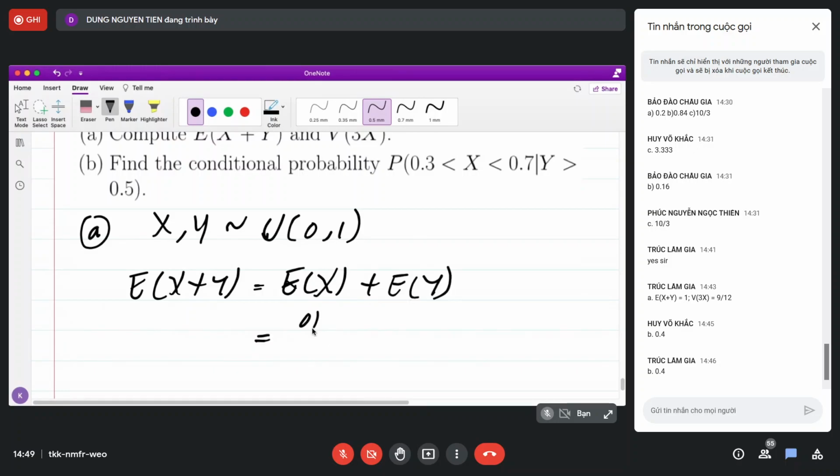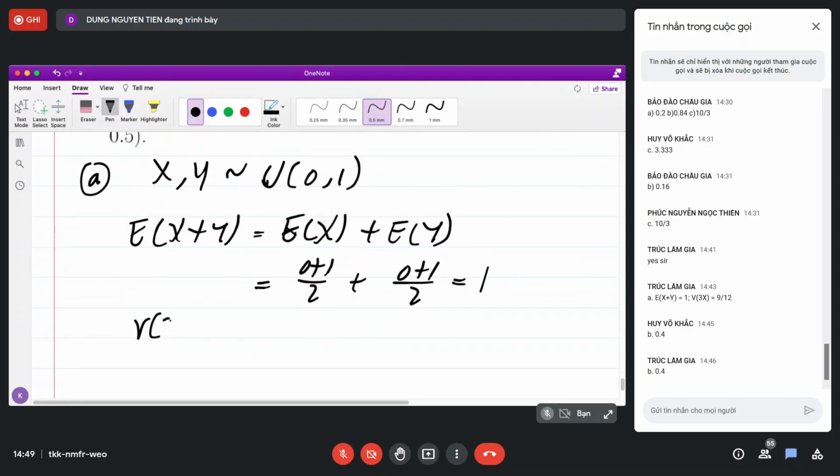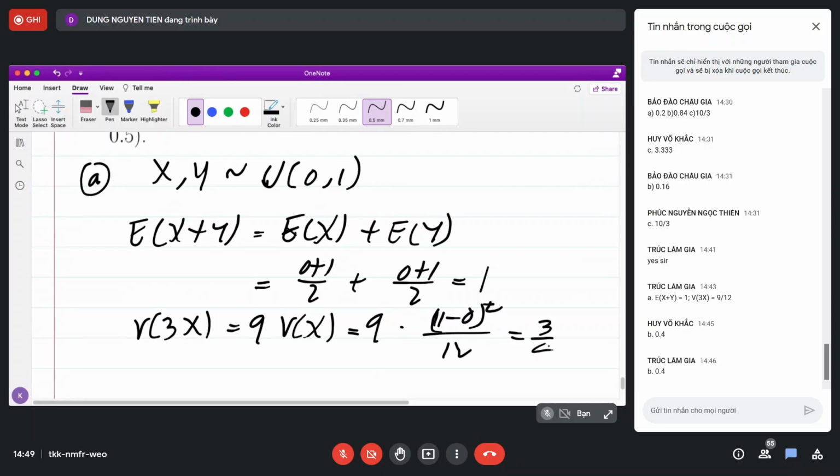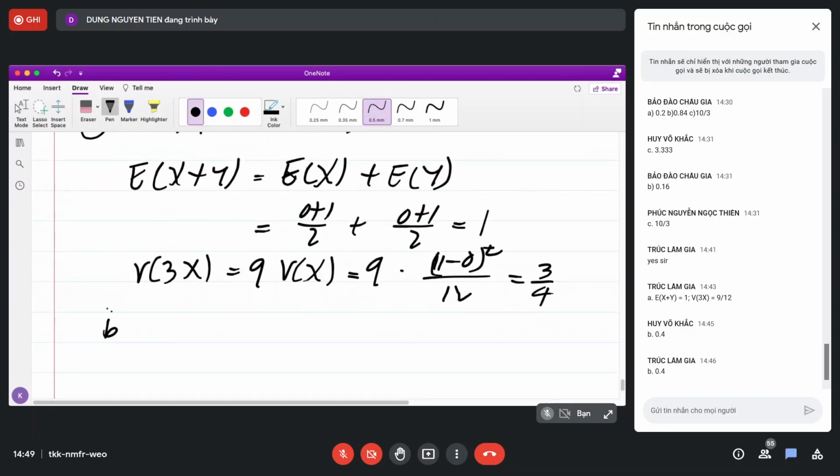So it is (0+1)/2 plus (0+1)/2, and you get 1. For the variance of 3x, you get 9 times the variance of x, and that is 9 times (1-0)^2 divided by 12, and you get 3/4. Okay, that is question A.